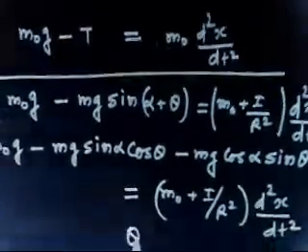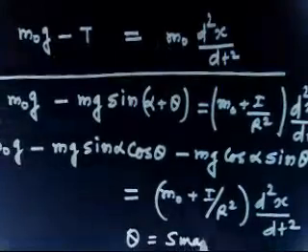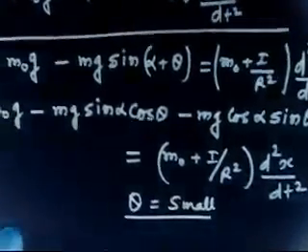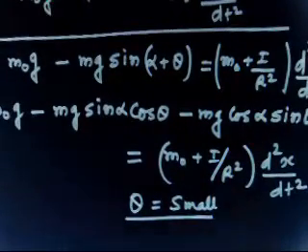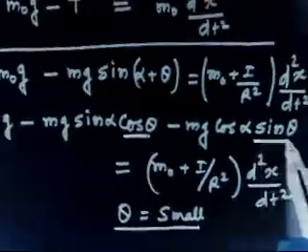Now the angle θ is small, so I will use the first approximation. If θ is small, sin θ can be written as θ and cos θ can be written as 1. So this term will be 1 and this term will be θ. Are you getting?